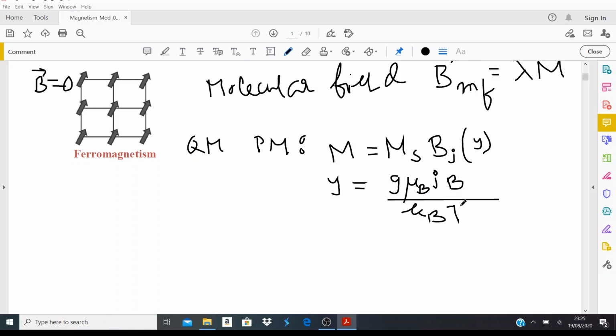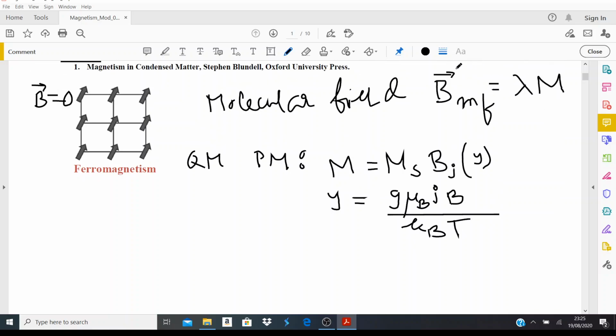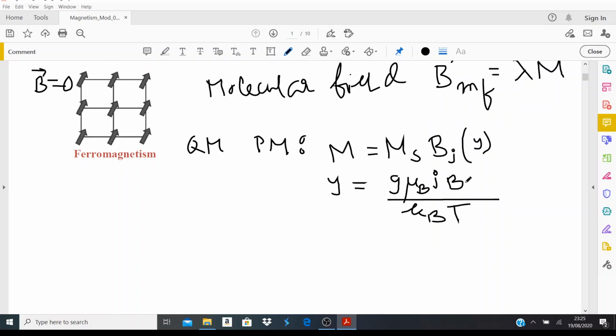That's our relation. Now, how do I incorporate this molecular field in this quantum mechanical paramagnetic model? We can replace B by B plus this molecular field. So we are assuming that not only do we have some external magnetic field, we also may have some molecular field which is internal to the sample.